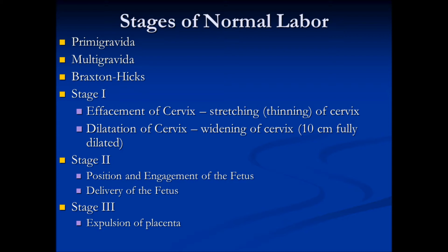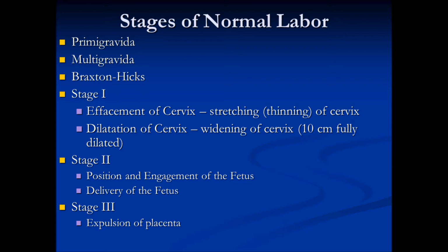It shows what it looks like before labor, shows what happens when the cervix starts to stretch and thin in early effacement, and then shows the difference between how early effacement, complete effacement, and complete dilation look.